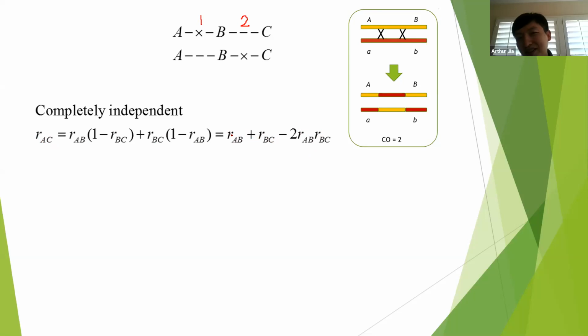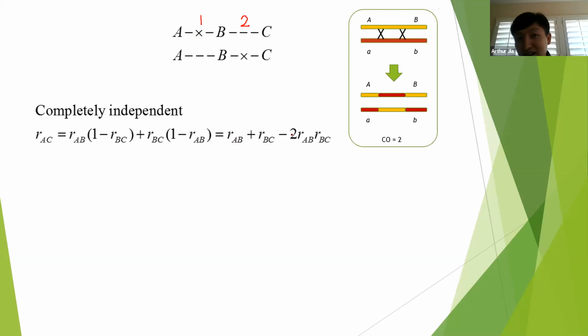If you think about this, it's not that hard to understand, because this number, RAB, represents the probability overall of having a crossing over between A and B, right? This probability includes two situations. One situation is this: there's only one crossing over occurring between A and B, but none between B and C. But this probability also includes another situation: we have one crossing over in AB and another crossing over in BC, right?